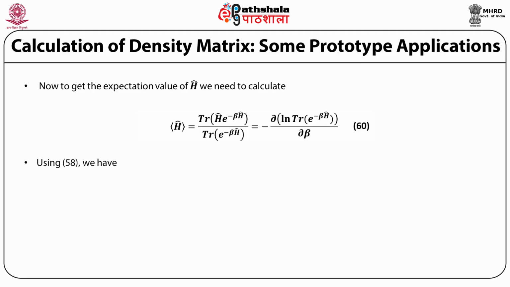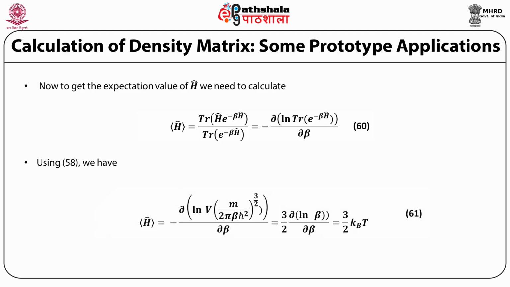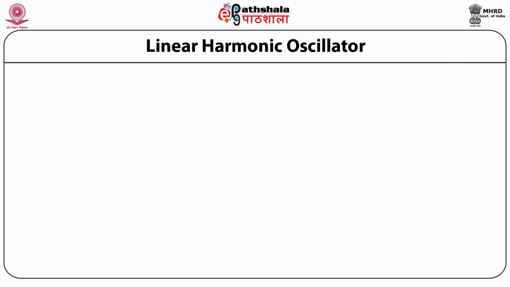Using 58, the expectation value of the Hamiltonian operator is equal to the negative of the partial derivative of log of volume multiplied by m upon 2 pi beta h bar square raised to power 3 by 2 with respect to beta, which is equal to 3 by 2 partial derivative of log of beta with respect to beta, which is equal to 3 by 2 into 1 upon beta, which is equal to 3 by 2 k B T.